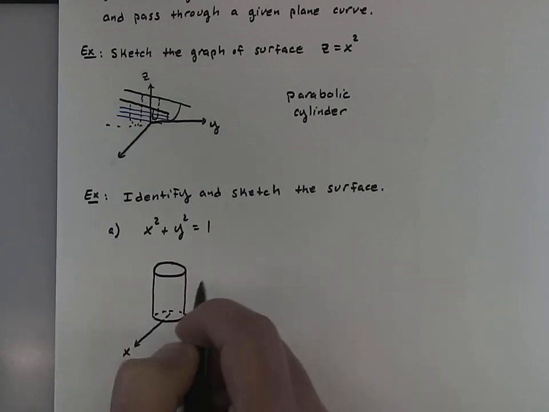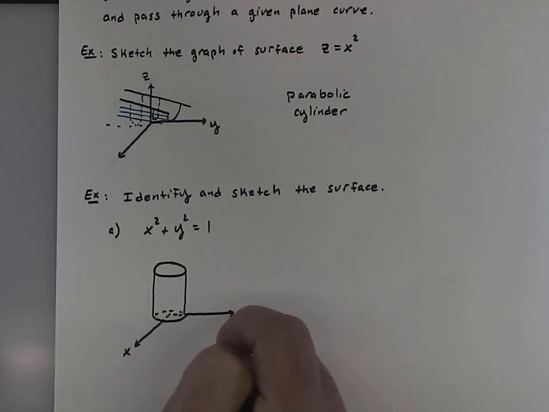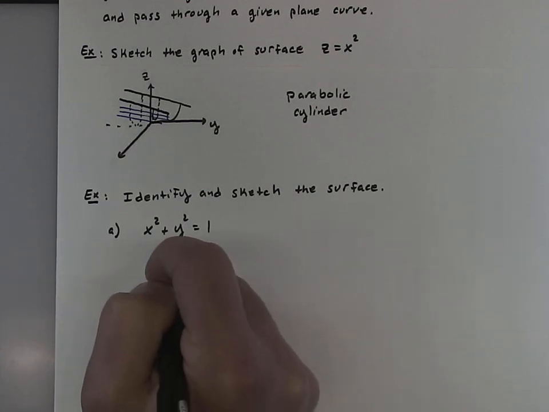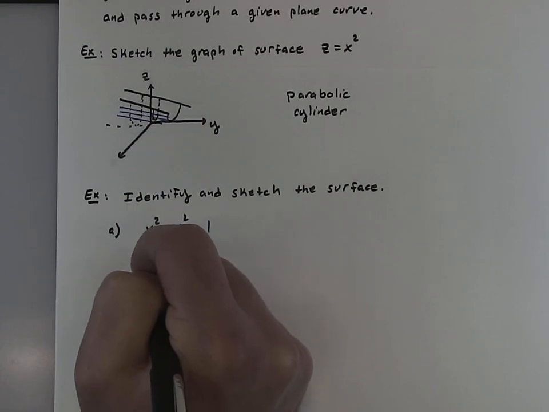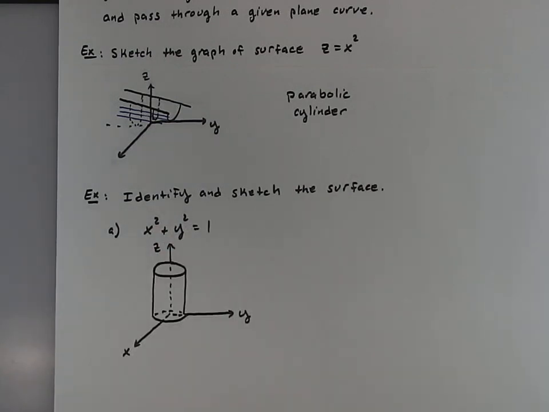So here's the x-axis, here's the y-axis, and then this would be the z-axis. So this is a circular cylinder.